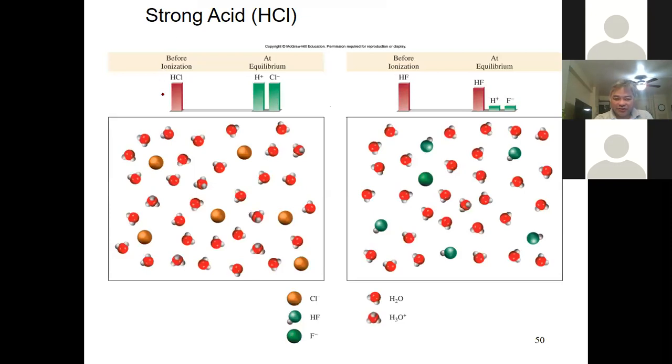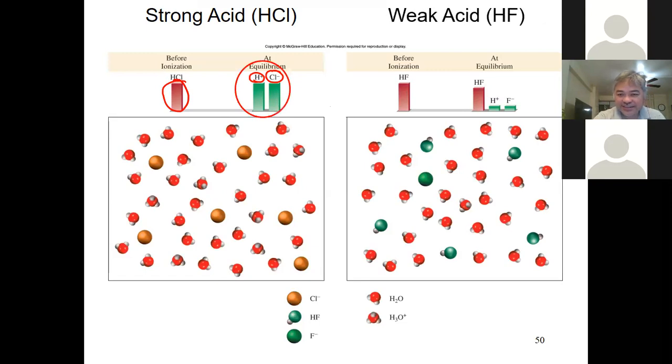If you have a strong acid, you see this one? By the time it reaches equilibrium, you don't have any HCl anymore. They dissociate to give you what? H plus and Cl minus. But if you have a weak acid, like the other one here, you could see at the beginning it's all HF, but at equilibrium, you could see that you have some of them dissociating to form H plus and F minus.